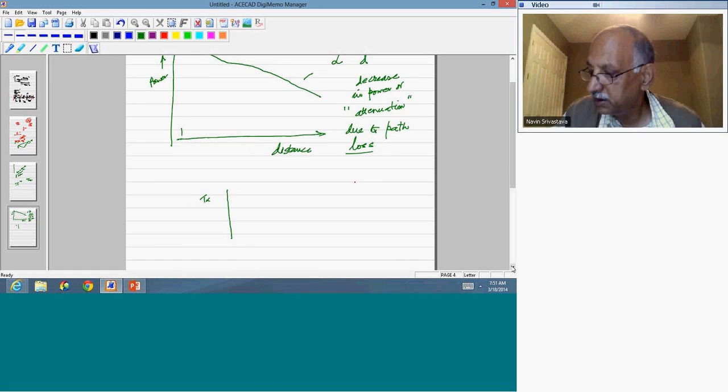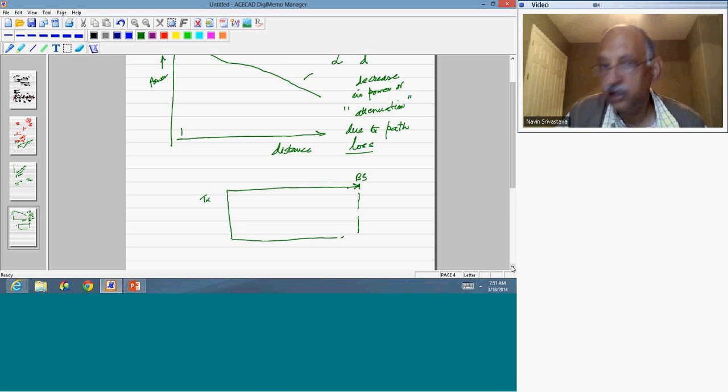Then in multipath, what is happening is that you are getting one ray or one copy which is coming like this, and there is another copy which is coming like this, isn't it?